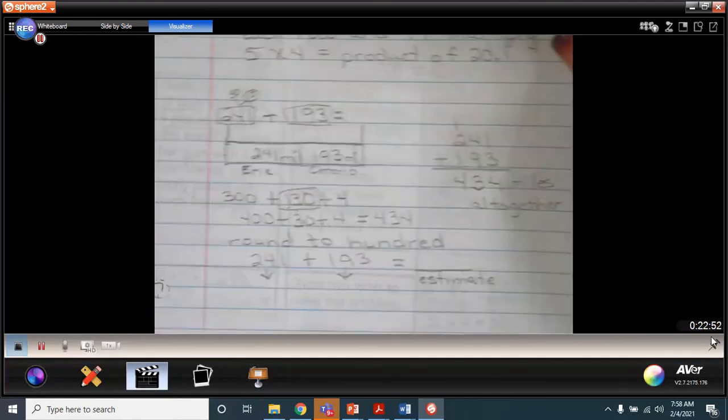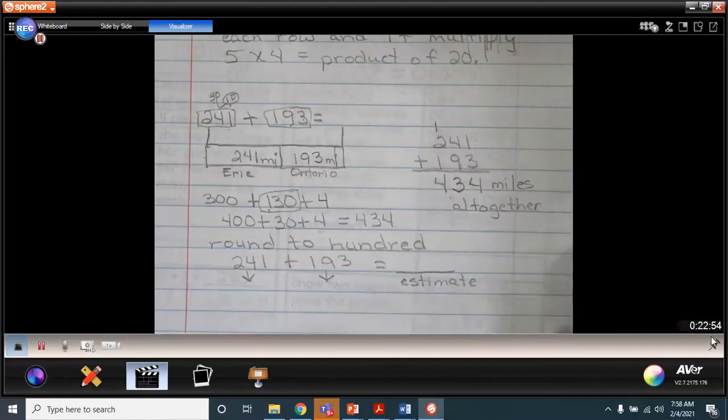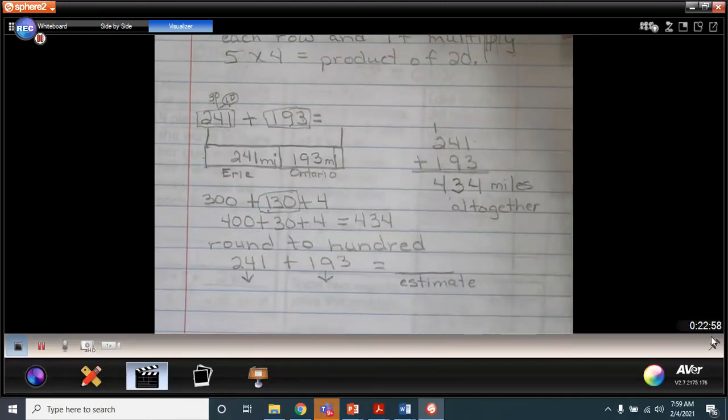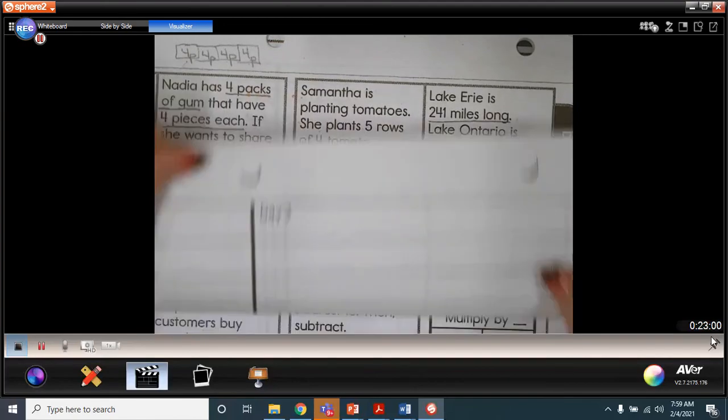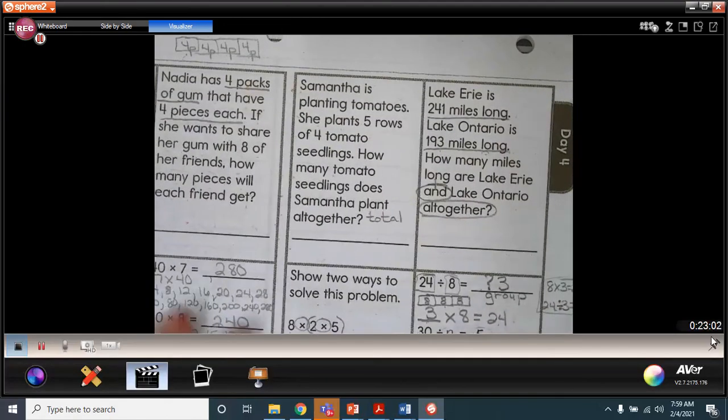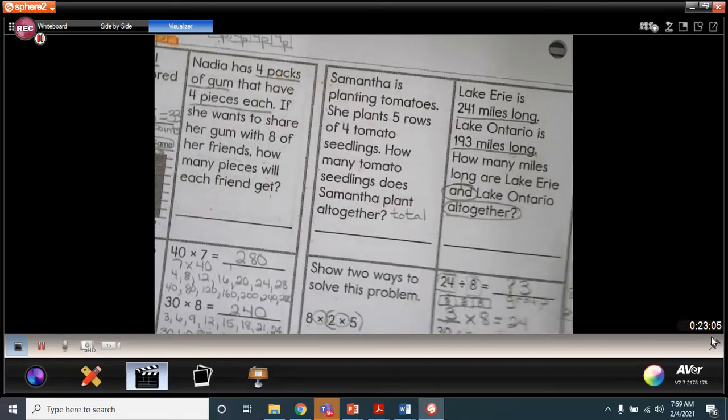Okay, so I'm going to point you back over here. You're probably going to need a piece of paper or something to help you, or you can use the back of your paper here to help you with that problem. So don't forget, you always have a backside to use to help you show your work.